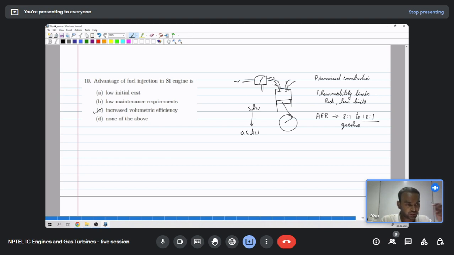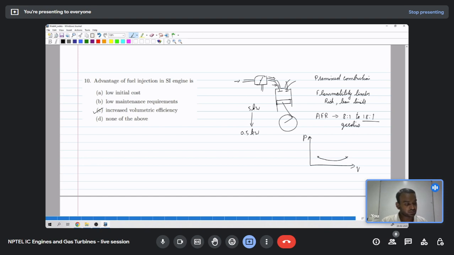To achieve this, we have a throttle plate, and by changing the throttle position, or by restricting the passage in the cylinder intake flow, we are able to control the power output of the SI engine. Because of this, during the intake stroke, as we saw in the PV diagram, the piston moves from the TDC to BDC, and during this the pressure reduces, right?